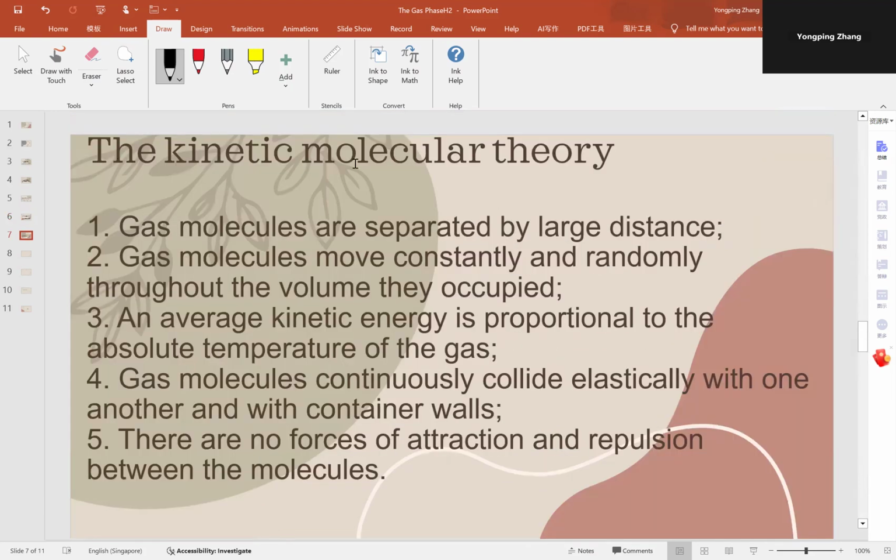In the kinetic molecular theory, for the ideal gas, we assume that gas molecules are separated by a large distance.